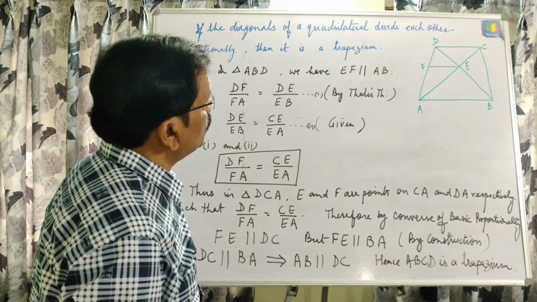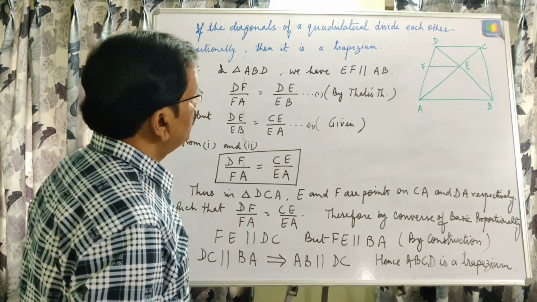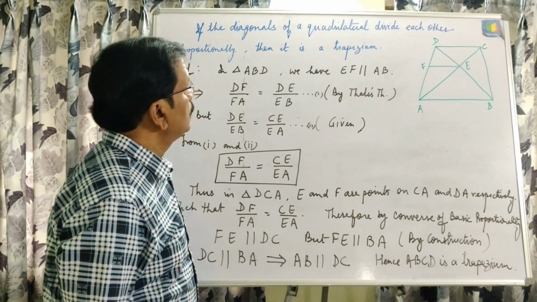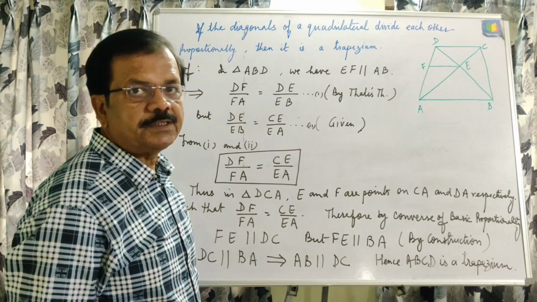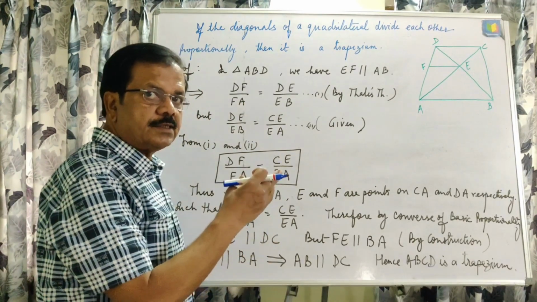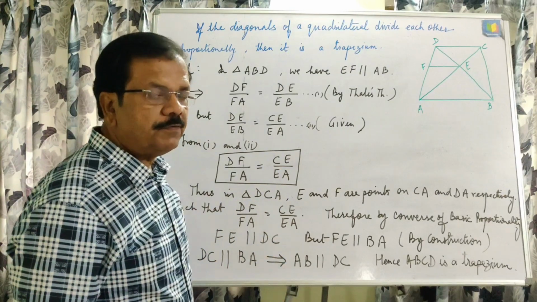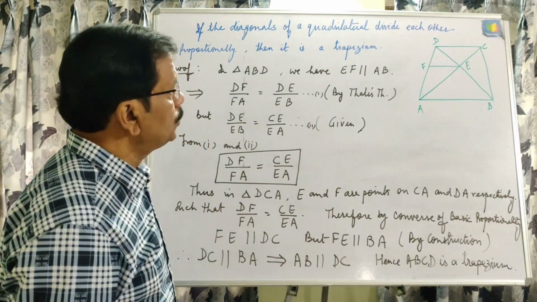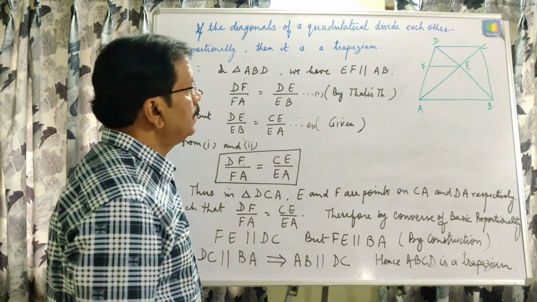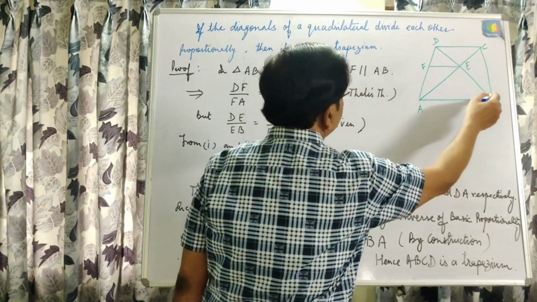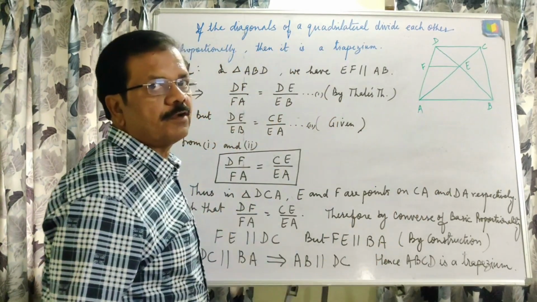if the diagonals of a quadrilateral divide each other proportionally, then it is a trapezium. This question is converse of the previous one. Here we have to show that this is trapezium. We are given that ABCD is a quadrilateral only.